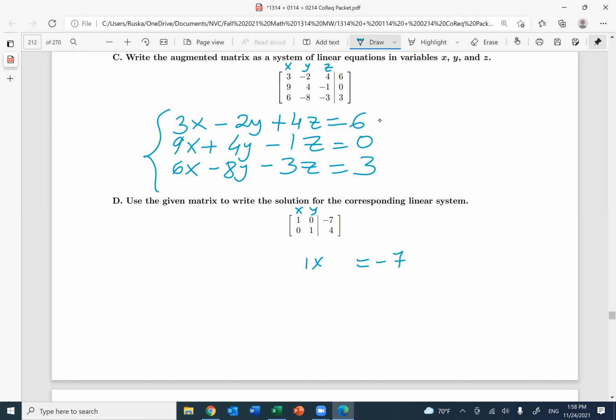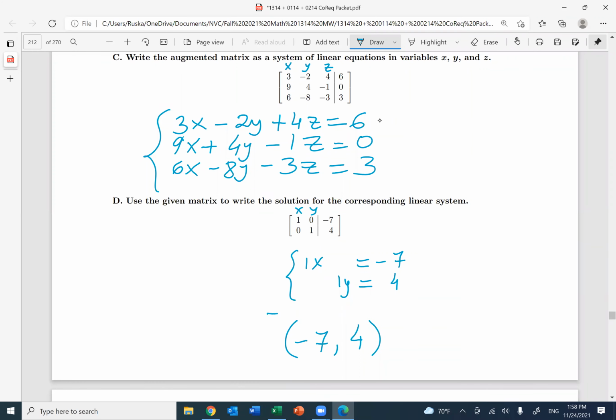And there is no X, so 0X plus 1Y equals 4. Looking at this system, can you tell me what the solution is? Obviously, X is going to be -7 and Y is going to be 4.